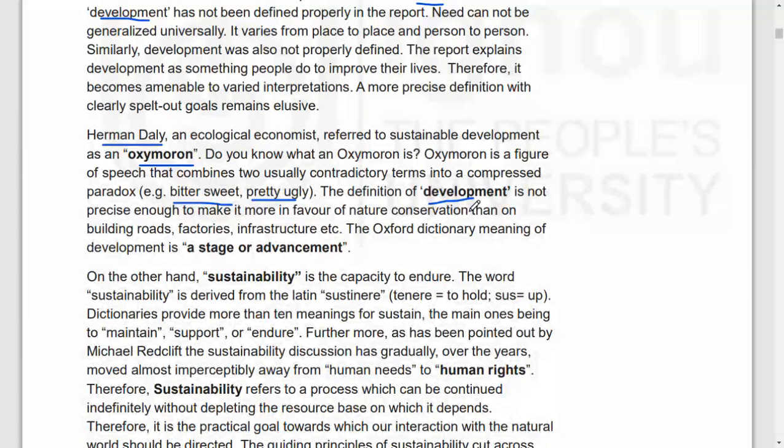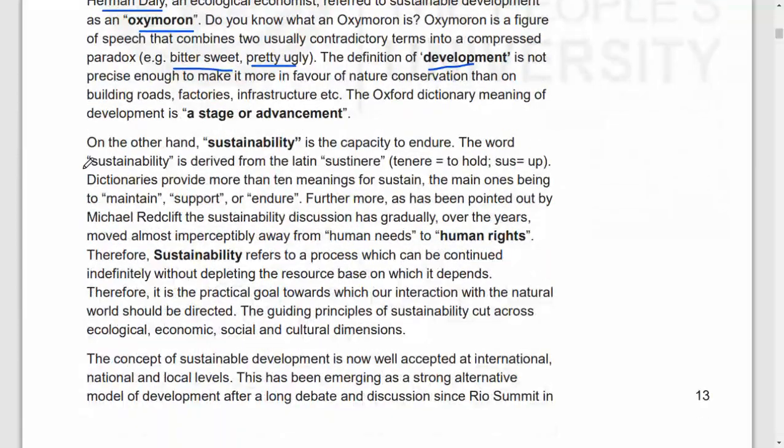The Oxford Dictionary meaning of development is a stage of advancement. On the other hand, sustainability is the capacity to endure. The word sustainability is derived from the Latin sustenere: tenere, to hold; sus, up.